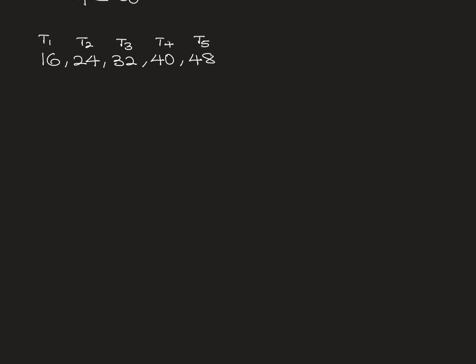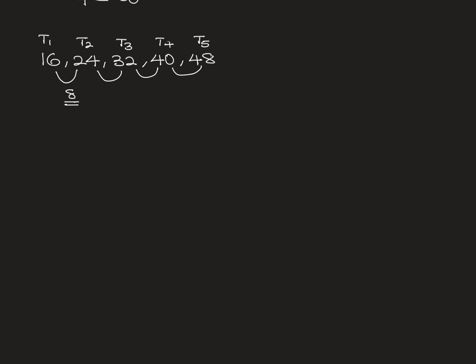A sequence that goes like this is an arithmetic progression because the numbers are not increasing or decreasing exponentially. There is a common difference, a difference of positive 8.